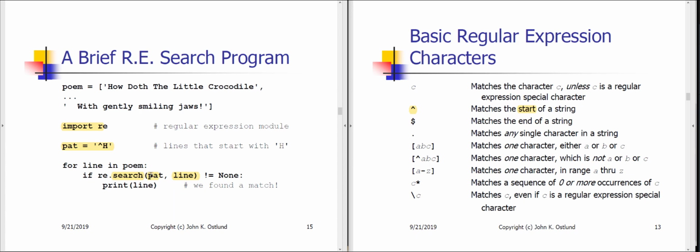If that regular expression pattern is not found in the line, then the search will return none. On the other hand, if the regular expression pattern is found in the current line, the search will return something other than none, and in that case, I simply want to print the line that matches that pattern. So the upshot, since I am looping through all of the lines in the poem, is that I'm going to end up displaying all of the lines from the poem that begin with a capital H. Let's see that happen.